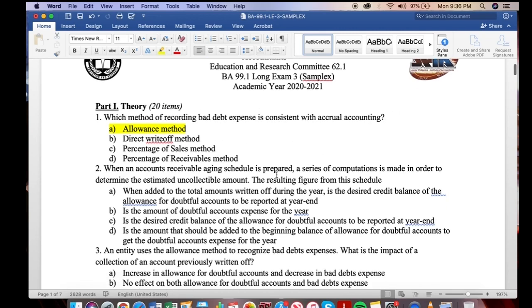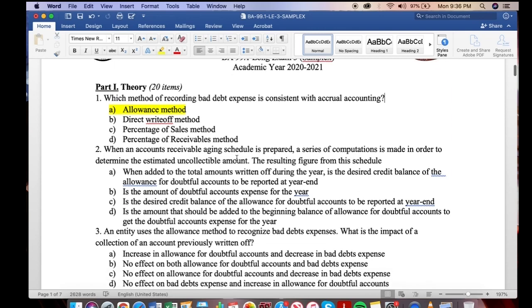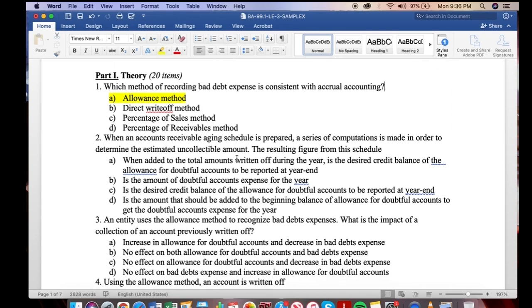Accrual accounting. Percentage of sales and percentage of receivables are not the answer, because both of them are methods used in the allowance method. So the best answer is letter A, allowance method. Number 2, when an accounts receivable aging schedule is prepared, a series of computations is made in order to determine the estimated uncollectible amount.